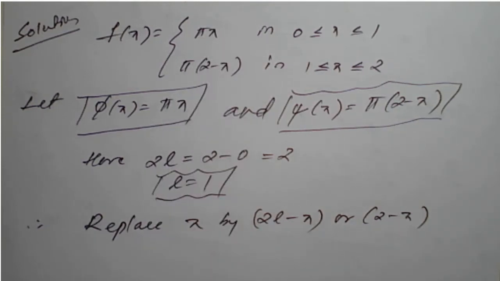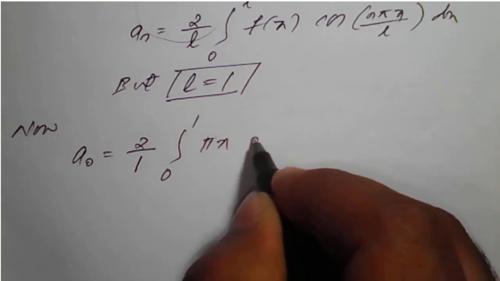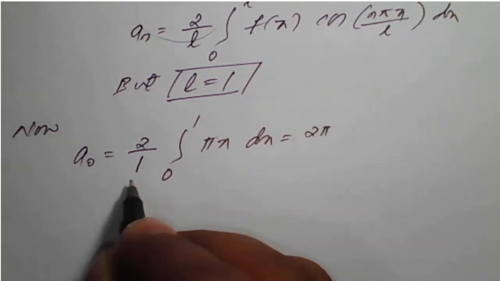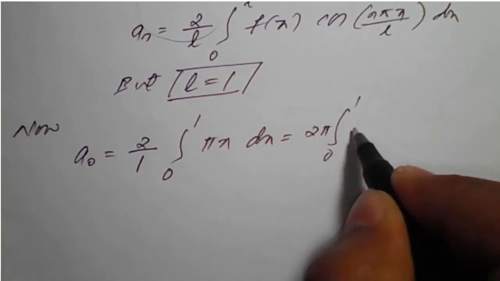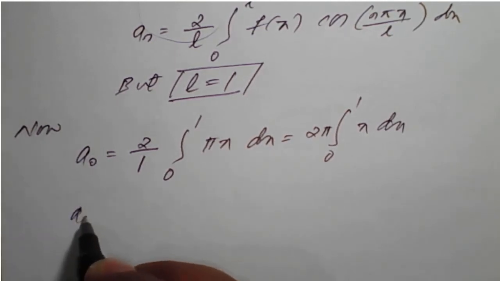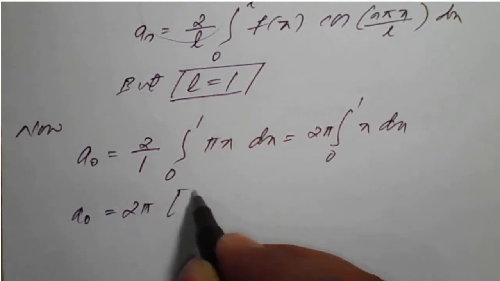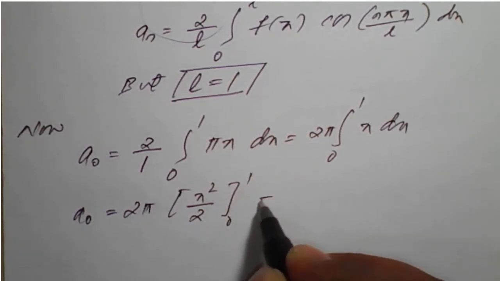Now our integral result will become pi into x into dx. So pi is a constant, 2 pi upon 1 is 2 pi, integration 0 to 1 x into dx. So a naught is equal to 2 pi, integration of x is x square divided by 2, limit from 0 to 1.